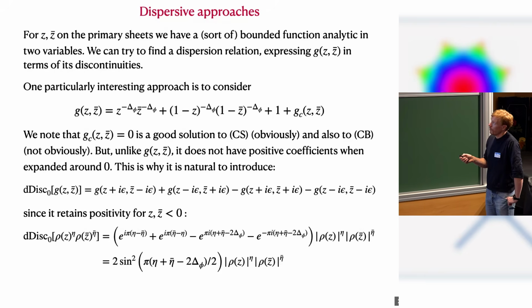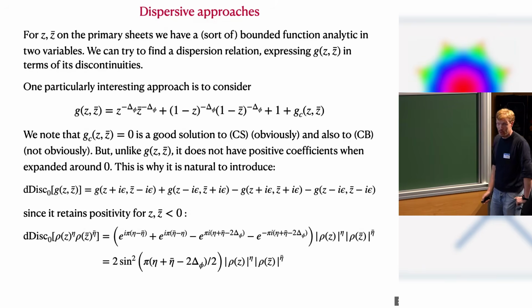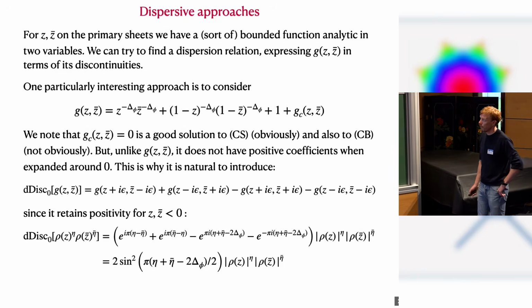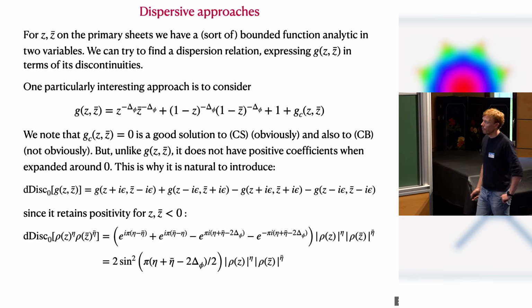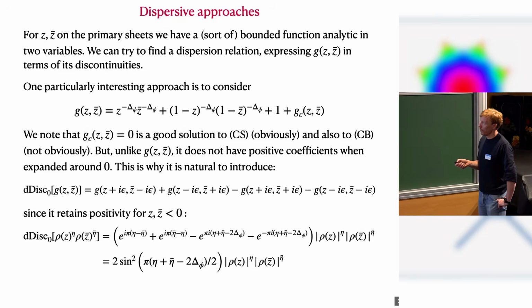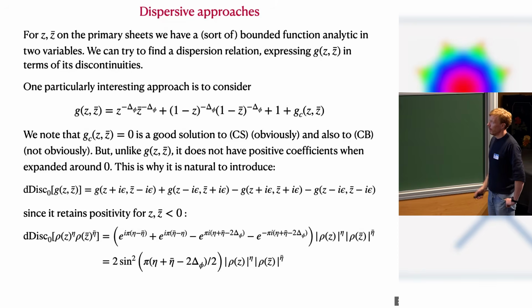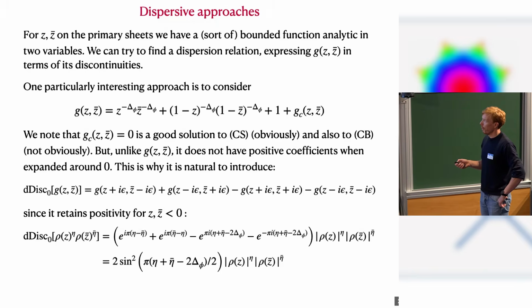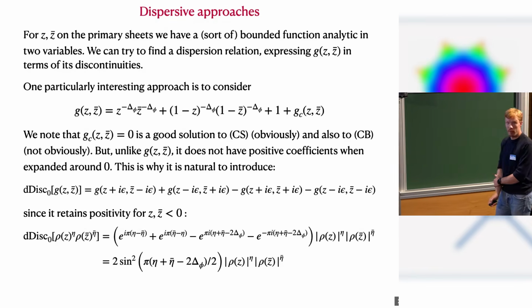But of course, if you just subtract a bunch of stuff from the full correlation function, then you cannot claim that it has positive coefficients anymore. And positivity is a nice thing to have, for reasons that we'll see later. That is why this double discontinuity that I introduced here is particularly nice, because it retains positivity for z bar less than 0.